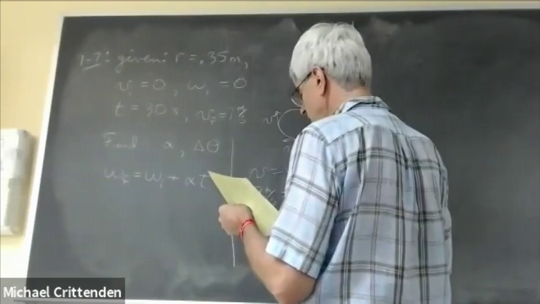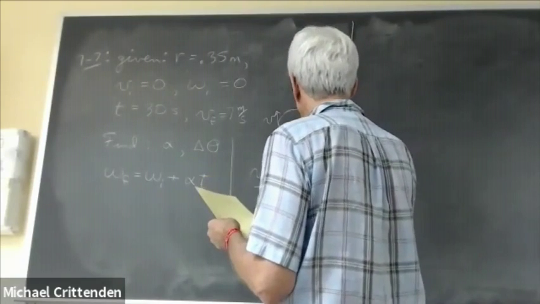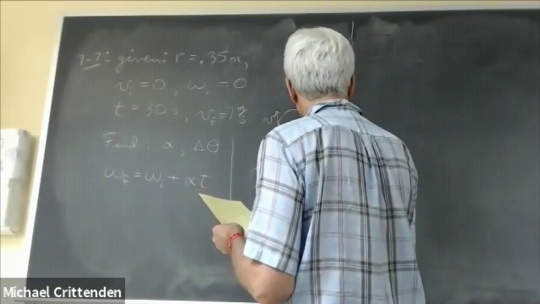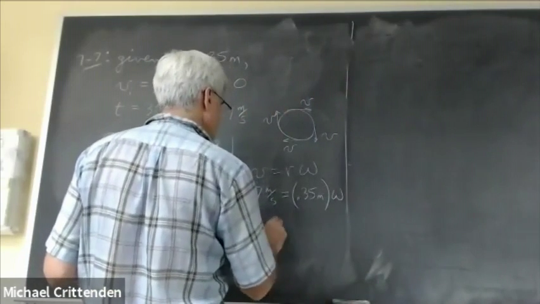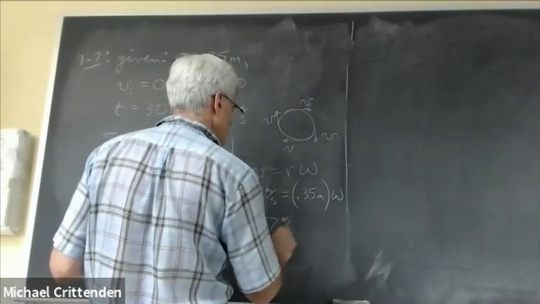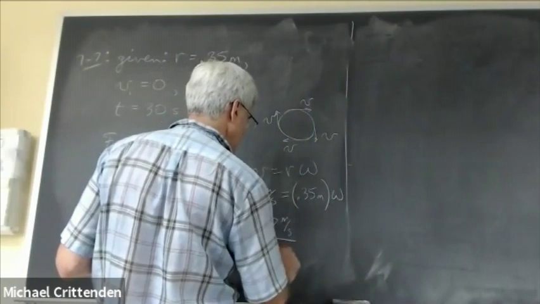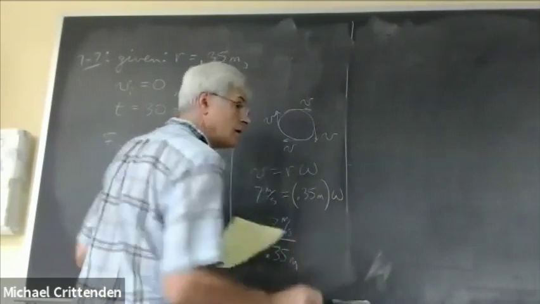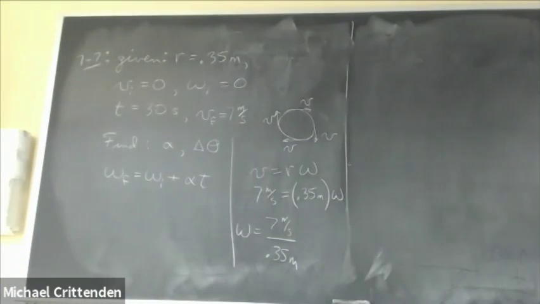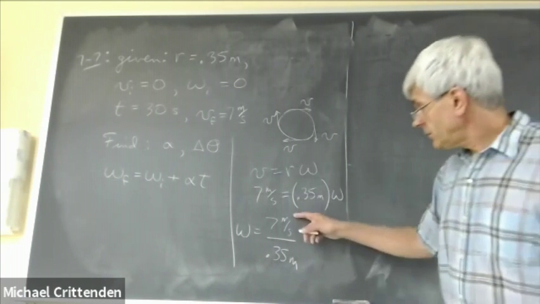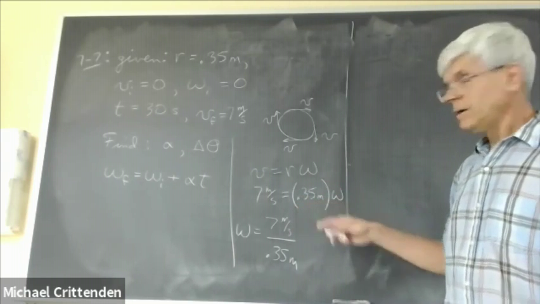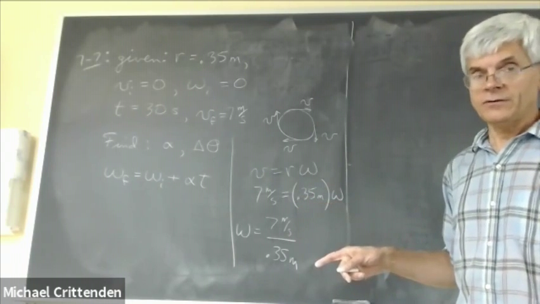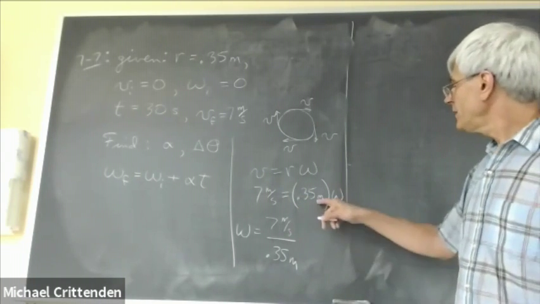The radius is 0.35 meters. So omega equals 7 meters per second over 0.35 meters. Notice the units have to match. As it happens, the person who wrote the question was being kind in this case.